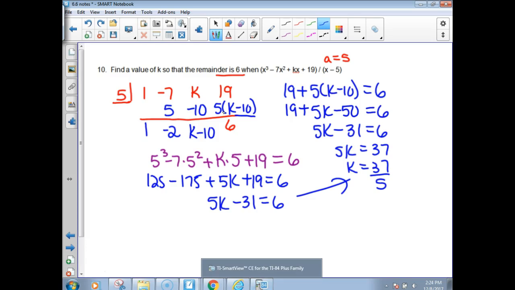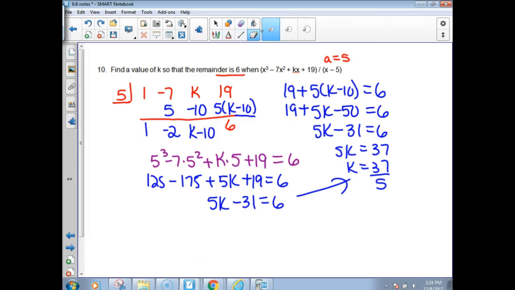Now, another way I saw someone do it was to say, well, and I'm just going to describe this, and then I'm not going to say much more about it. It went like this. And they said, what would have to go here to get a 6? Negative 13. And so this would have to be negative 13 divided by 5.